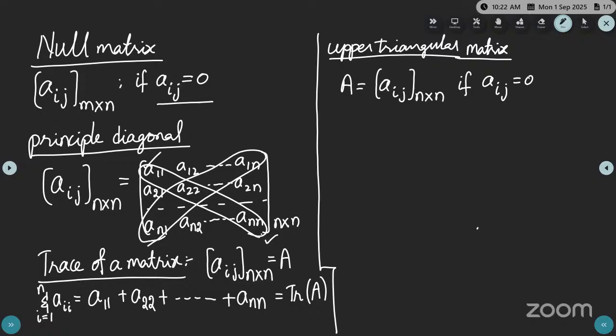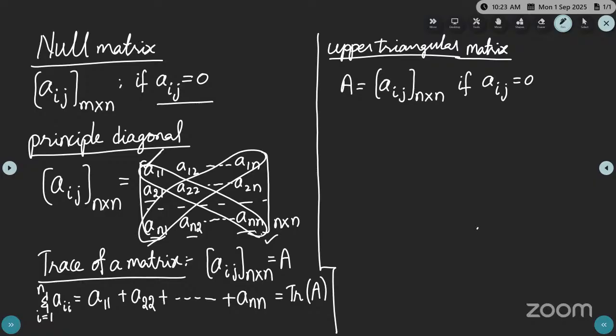Upper triangular means all the elements below the principal diagonal. This is the principal diagonal. All these must be zeros. Below the principal diagonal must be zeros. So A21, An1, An2, where n is greater than 1 and n is greater than 2, and 2 is greater than 1.